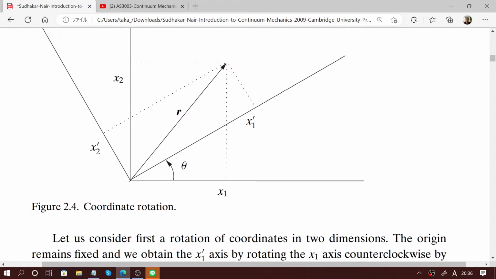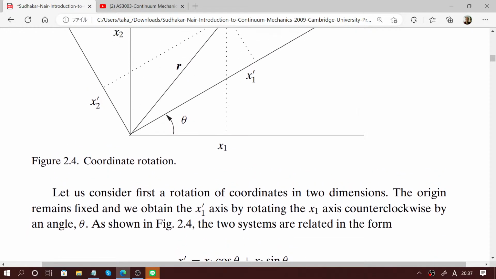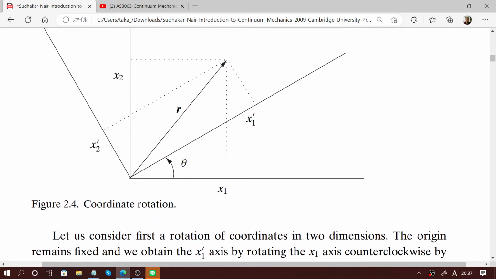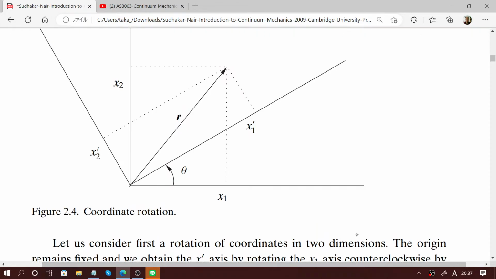It's a little bit complicated, right? To me it's easier if I consider it this way.